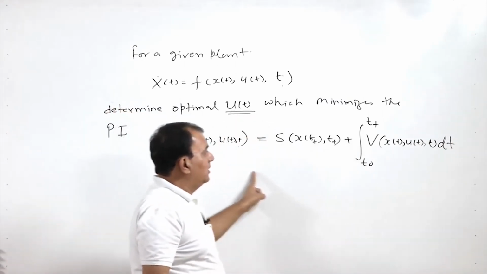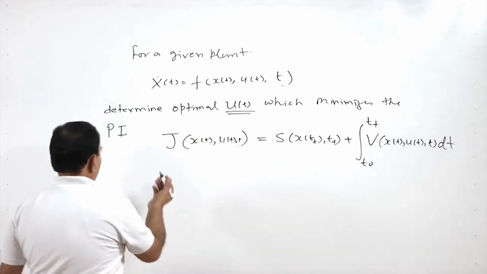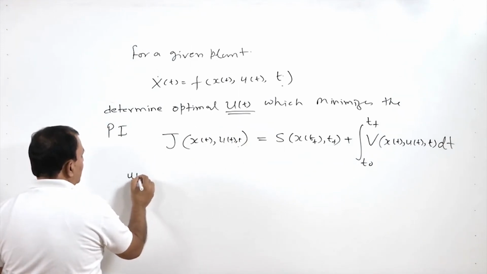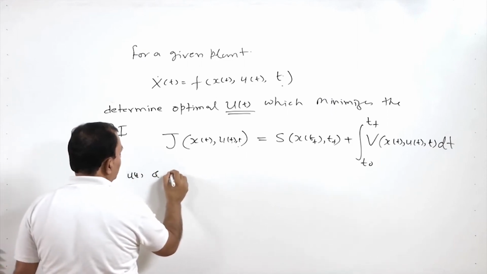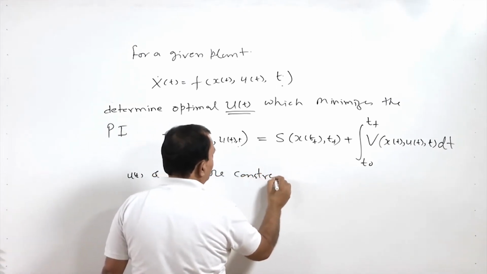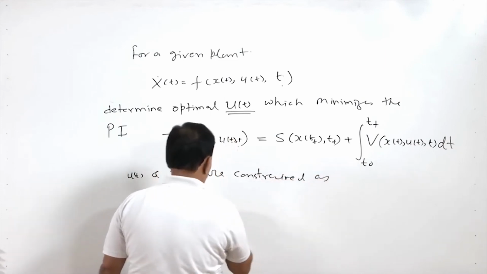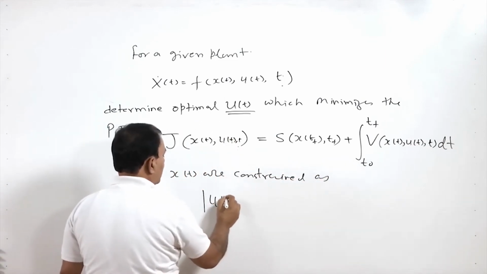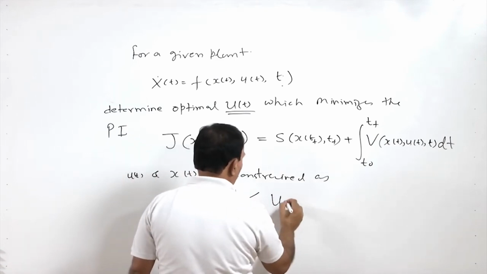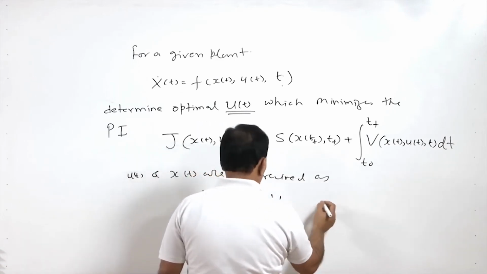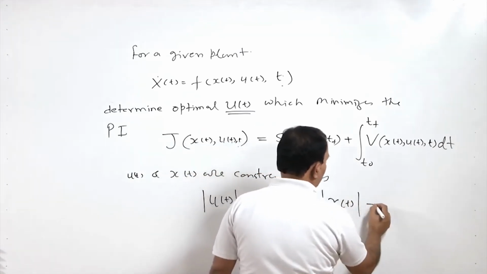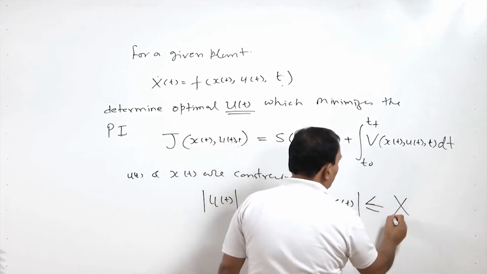Further we can also extend this where u(t) and x(t) are constrained as mod u(t) is less than or equal to u, and mod x(t) is less than or equal to x.